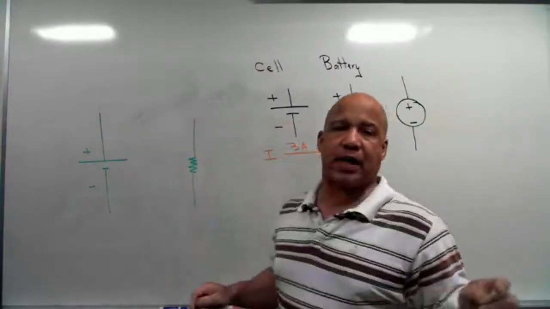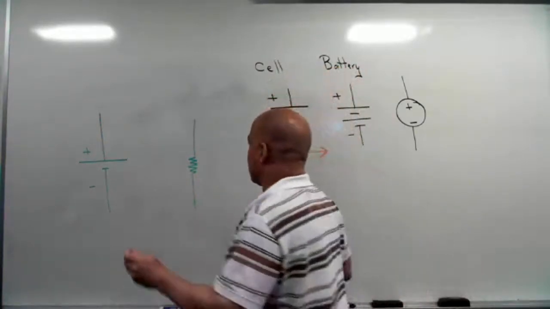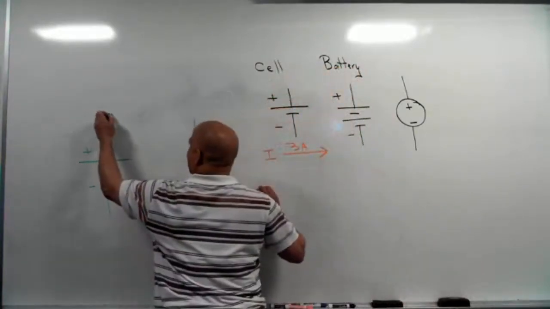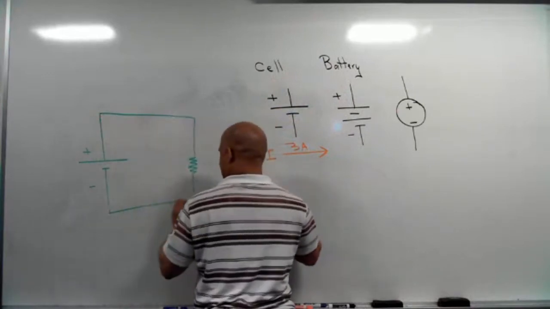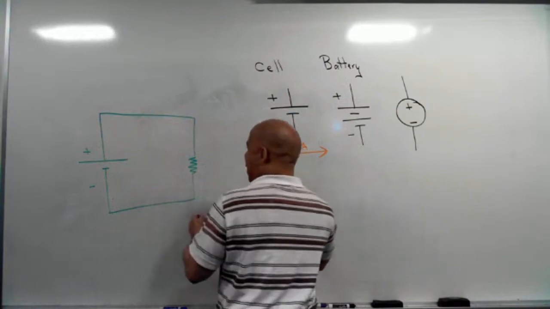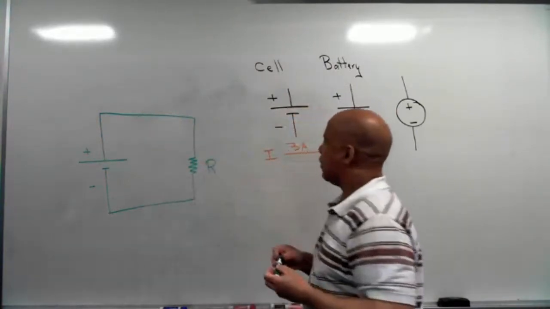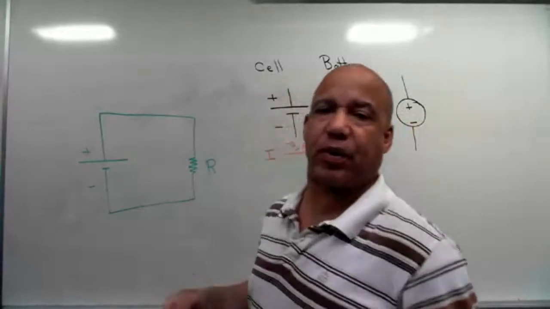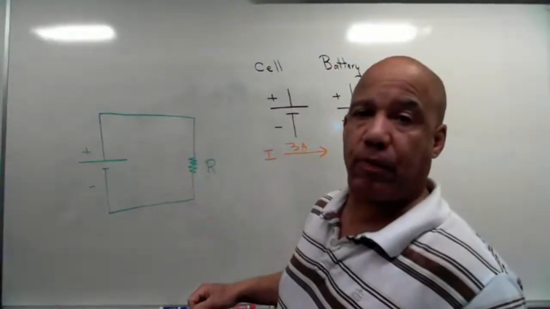And what I can do is draw wires to connect the voltage source to the resistor. So when I do that, I connect this to here and this to here. Now current can actually flow through this circuit. This is called an electrical circuit. A circuit is a closed path through which current can flow.